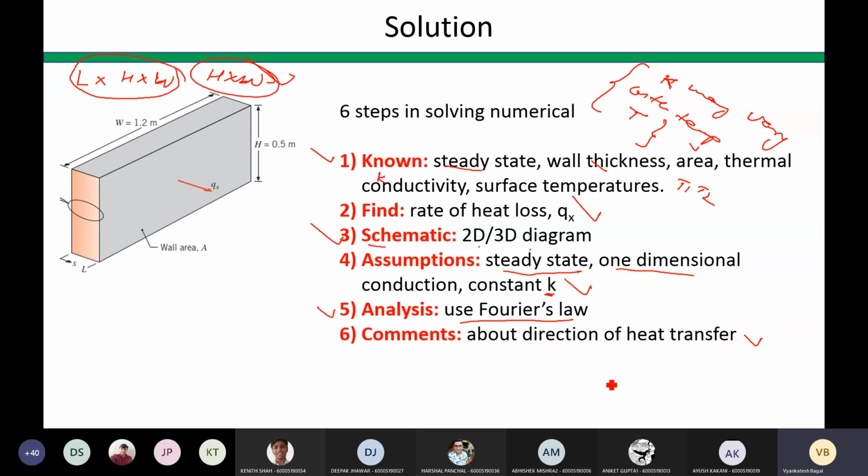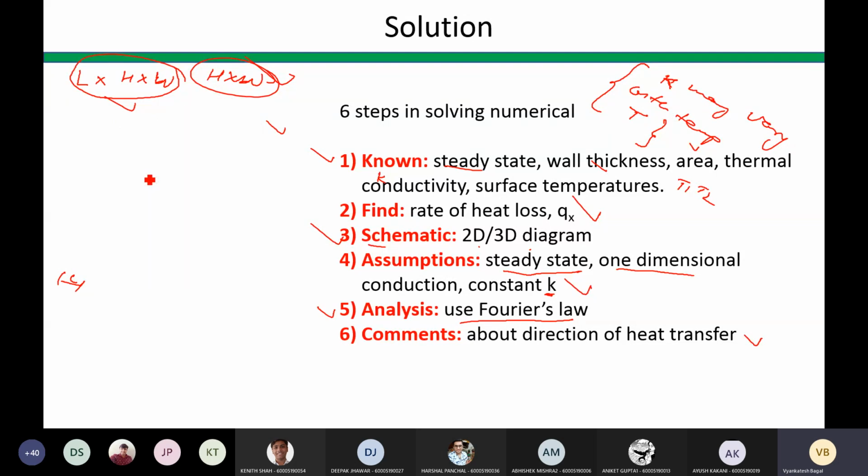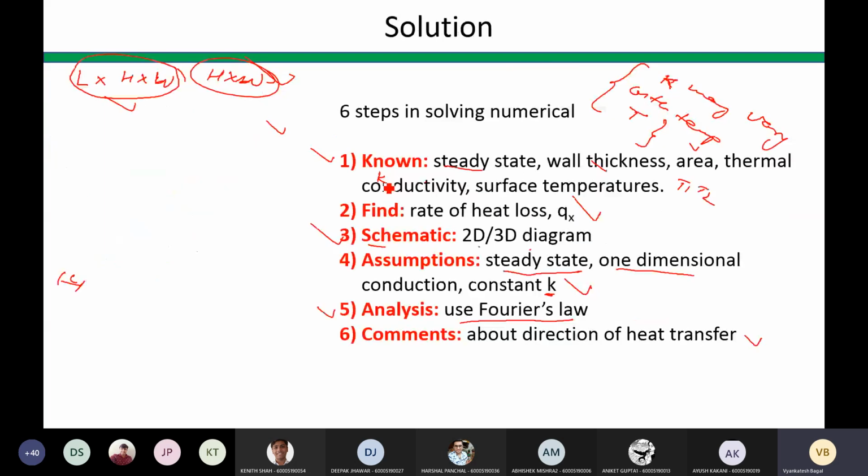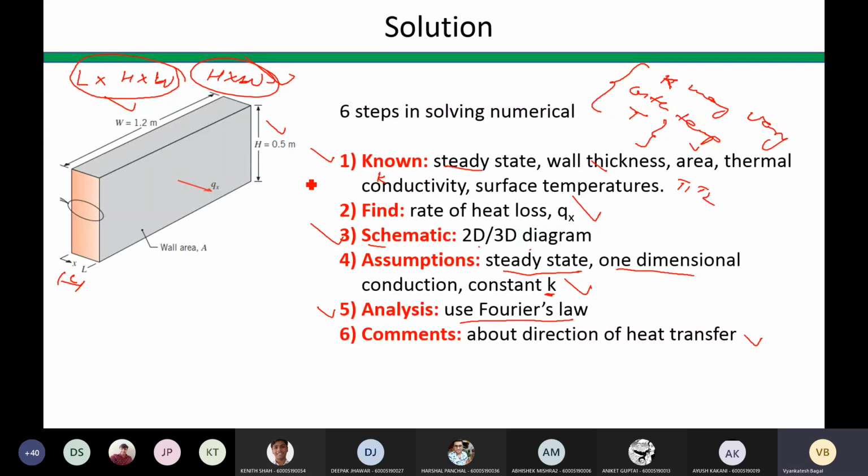Representation of your problem. So you have a slab like this, or the furnace wall having this thickness, this L, then the height 0.5 meter, the width is 1.2 meter. I have taken it opposite, right? It doesn't make any difference actually. Or be consistent with these notations, we'll use the same.